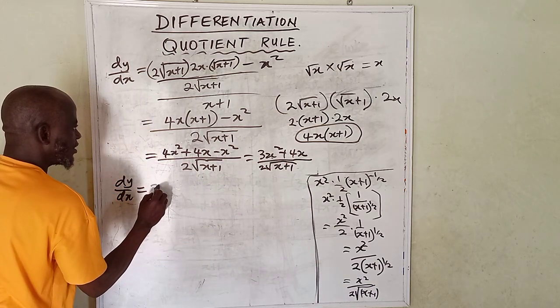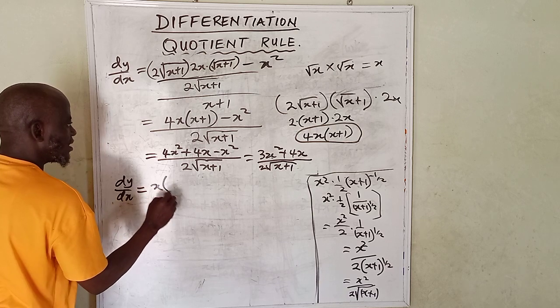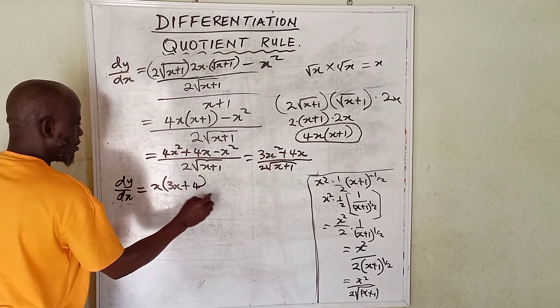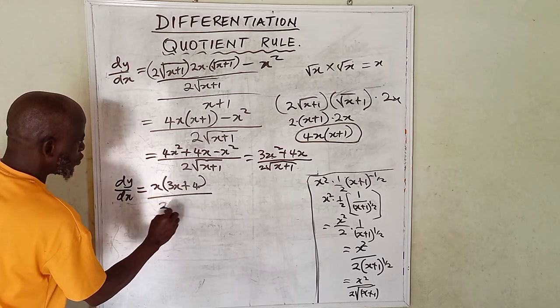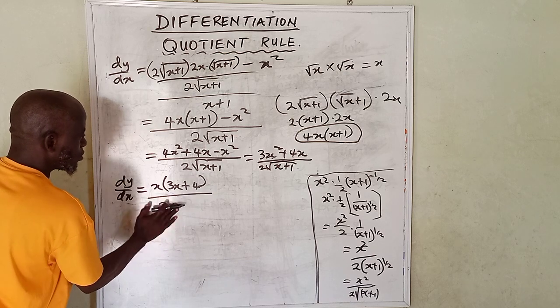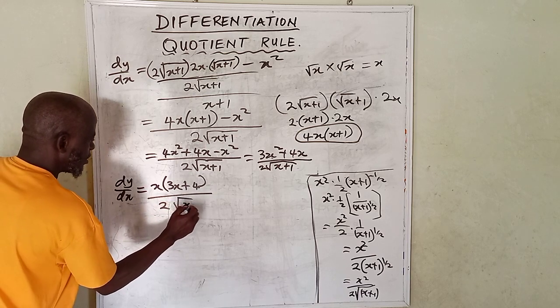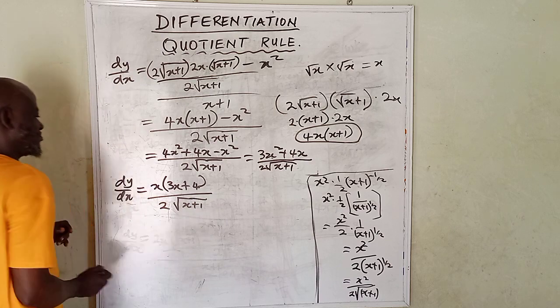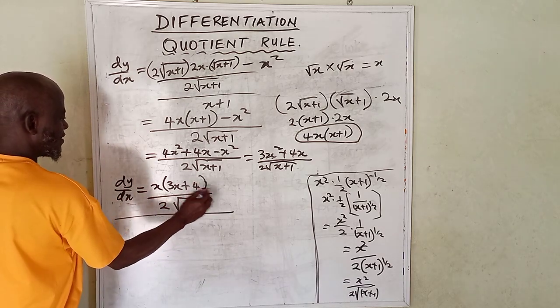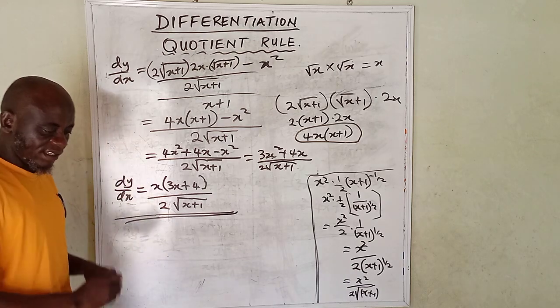We can bring out x, which will now be 3x plus 4 into 2, just write what is down, x plus 1. So this is our final answer. This is our final answer.